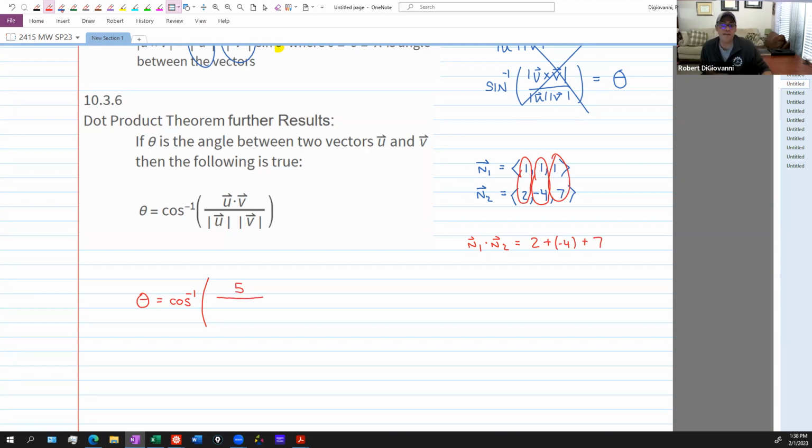And then we do have to get the magnitude of each of those vectors. So I do need the magnitude of N1, and I also need the magnitude of N2. Magnitudes aren't that bad with vectors. You're just going to do the square root of the sum of the squares of the components.